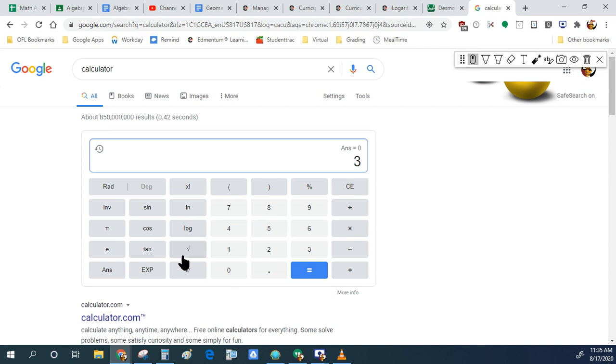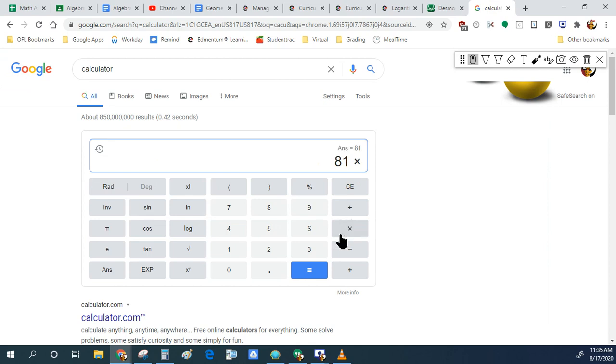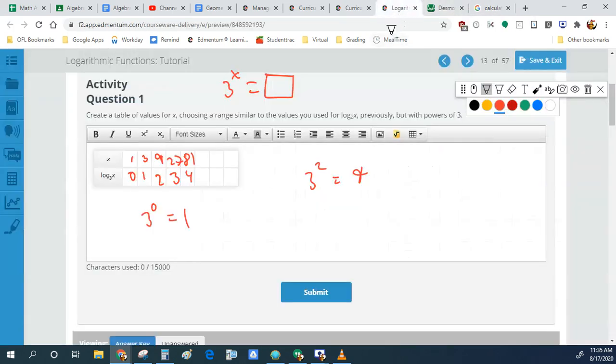I'm so sorry, guys. 81. And then we're just going to keep going and going. Times 3. So this is 243. This is 5. I'm going to make this easy, so I'm going to do 1 over 3, which is negative 1, and I'm going to do 1 over 9, which is negative 2.